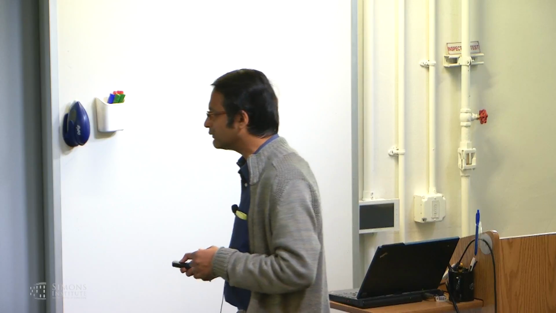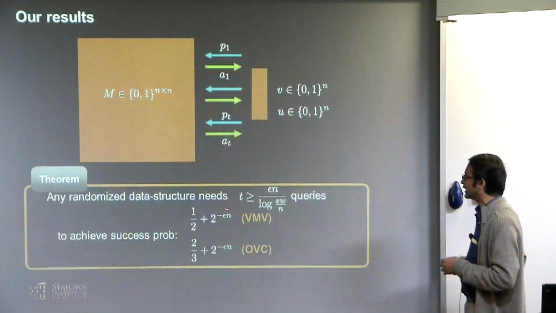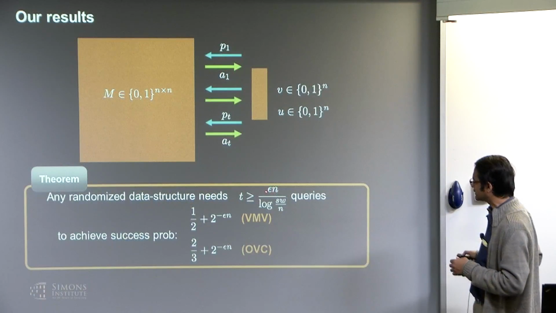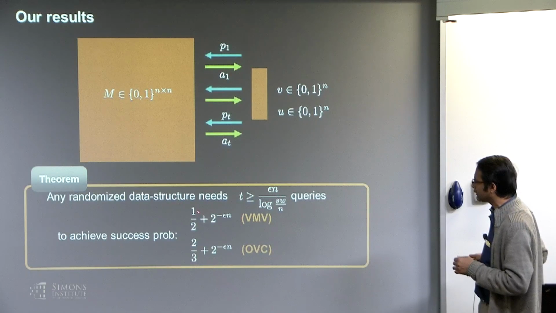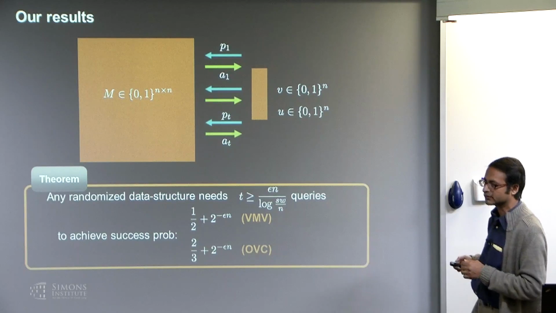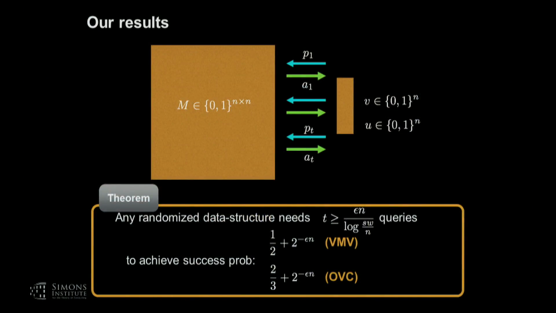average case. So even if you want to make a slight advantage over random guessing, read this in this way: there exists some epsilon such that if you do not make about epsilon n many queries, then you can't compute the vector matrix vector product with advantage better than 2 to the minus epsilon n. There is some fixed epsilon, and the same thing holds for the orthogonal vector counting problem.